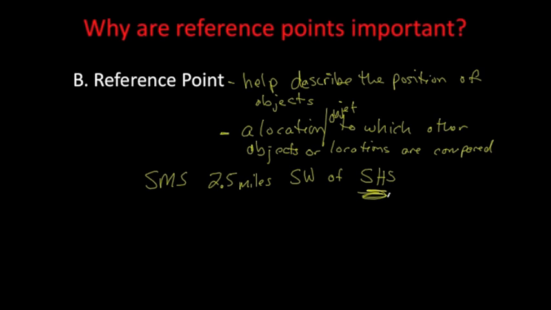All right. Now, distance would be a change in that position. So the distance an object is from one place to another is how far it is from that reference point. Okay?